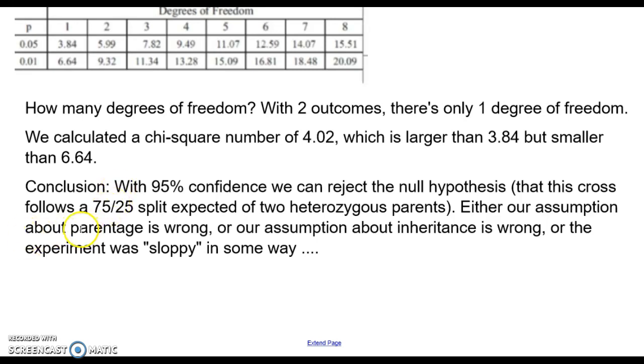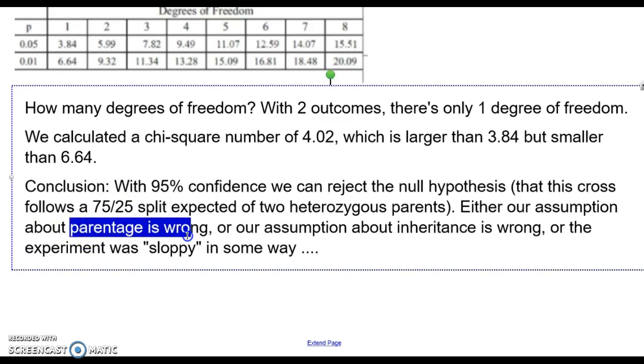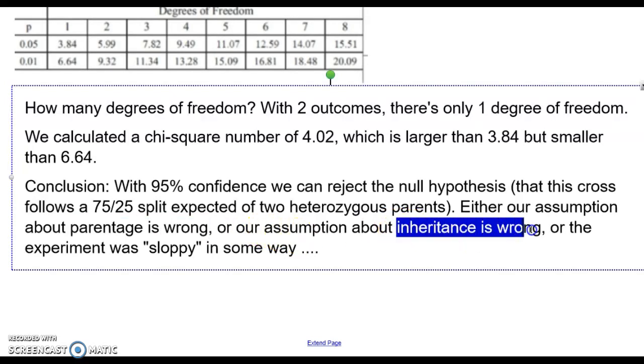So what do we mean about parentage? Well, parentage being wrong is maybe somehow the parents were not heterozygous. Maybe there was some other combination. I'm not sure that would hold up, but we'd have to look at that. Maybe our assumption about inheritance is wrong. Well, that's a harder one to think about, but maybe it's not just governed by that one allele.